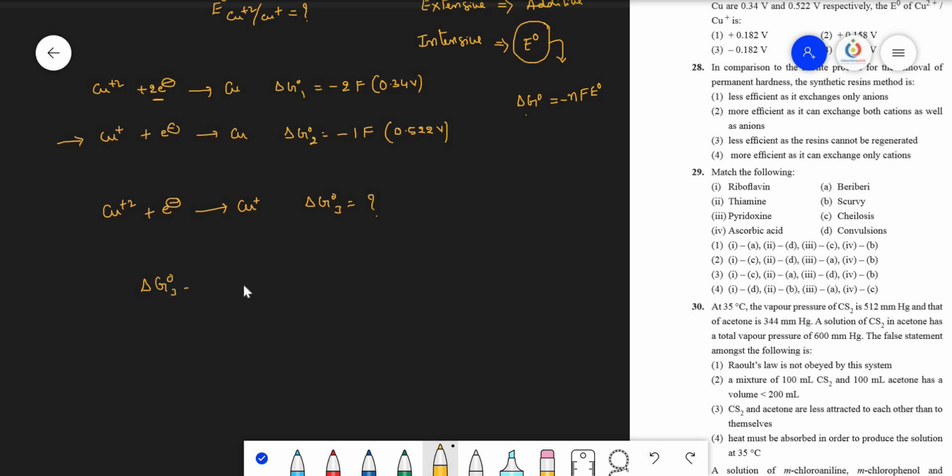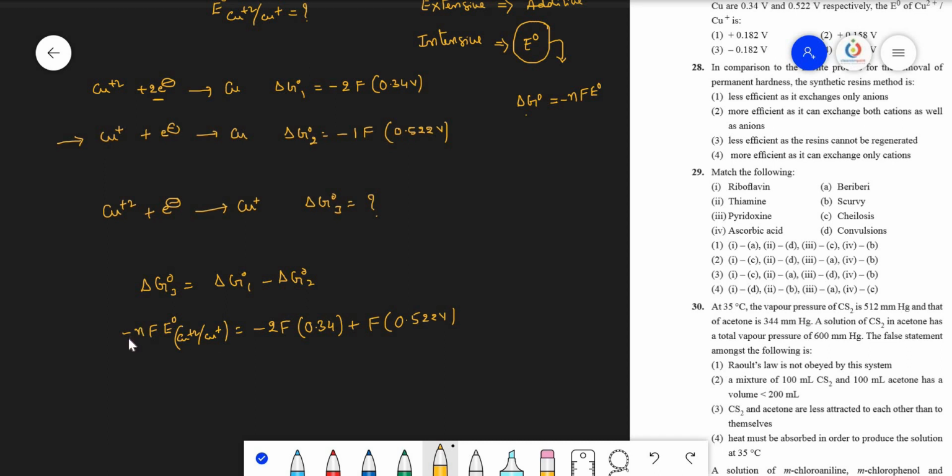So delta G0 3 equals delta G0 1 minus delta G0 2. Delta G0 3, which is minus nF E0 of Cu plus 2 by Cu plus, equals delta G0 1, which is minus 2F times 0.34 volts, minus of minus becomes plus, so plus F times 0.522 volts.